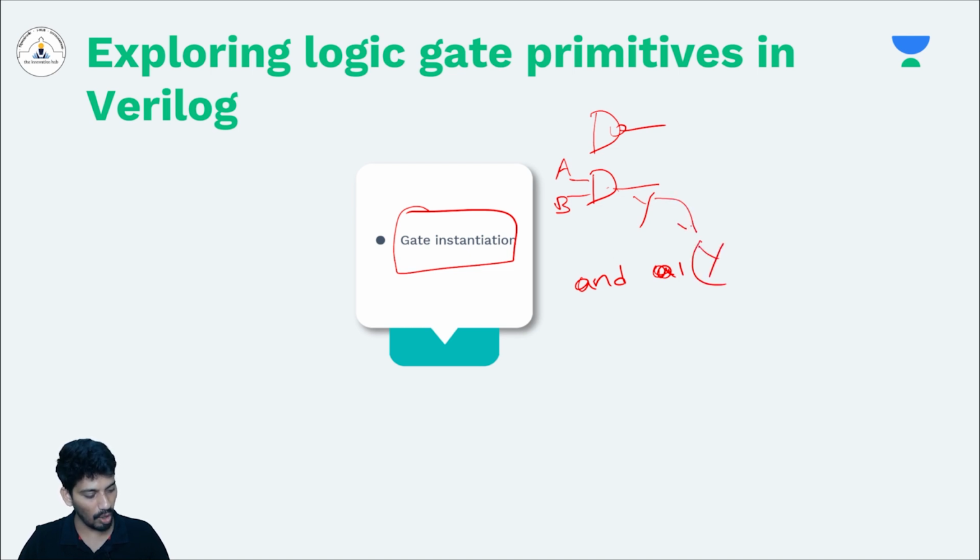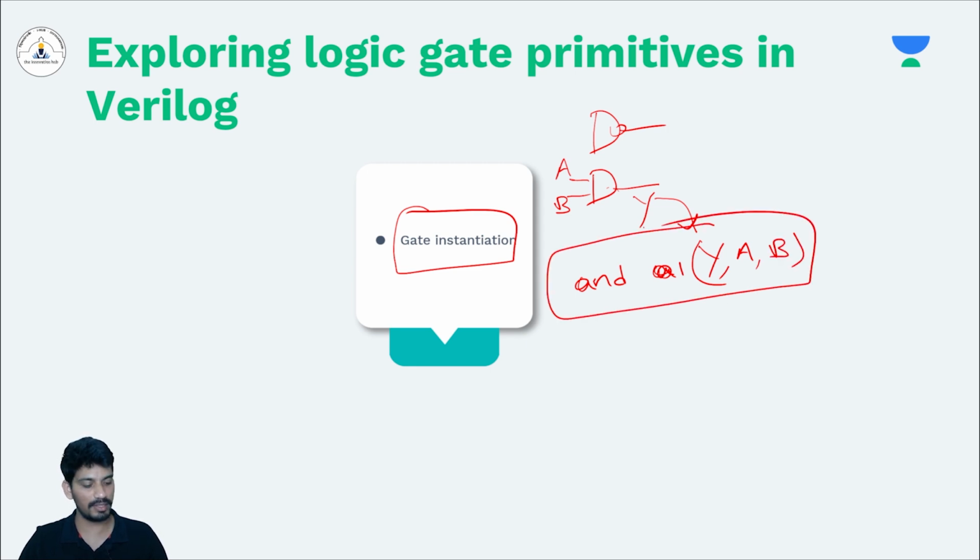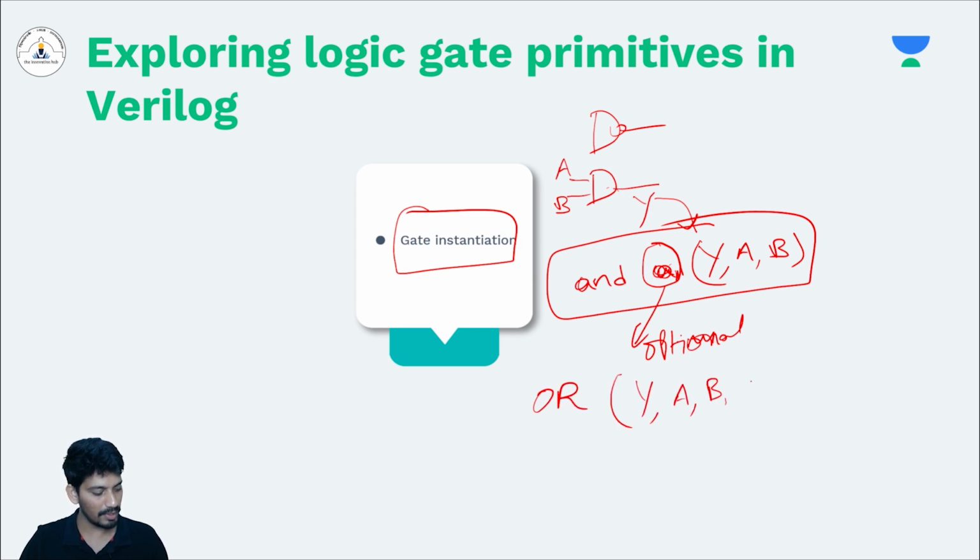First you have to give the output, followed by the inputs. This is the way you can instantiate any gate available in Verilog. This A1 name is actually optional because it is a primitive. Optional, right? So you can directly write like this also: or Y, A, B, C.